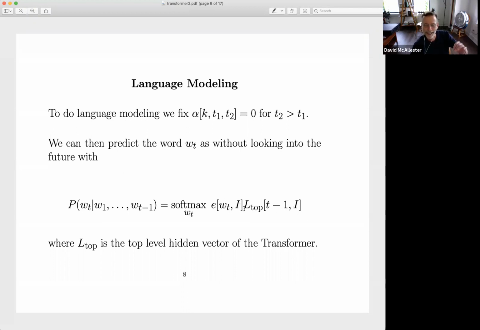But you're taking the vector at the previous time step, and the vector at the previous time step has not seen anything that's in the future of that. So this becomes legitimate: this probability only depends on the words up to, but not including, the word you're predicting. And that's just handled by forcing this masking.